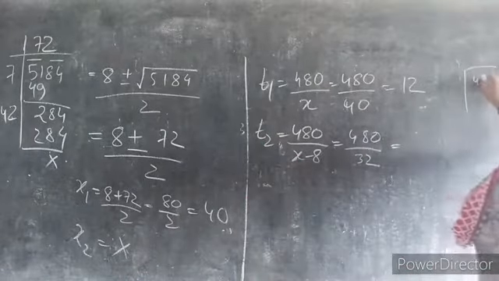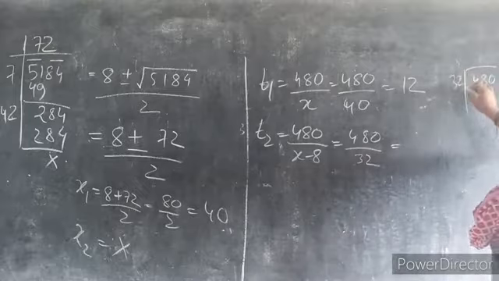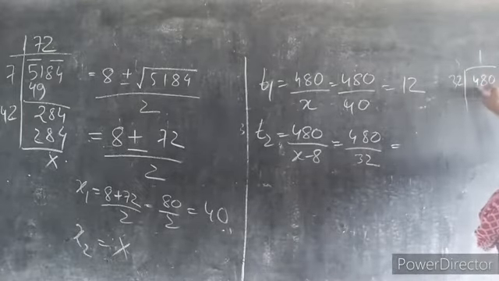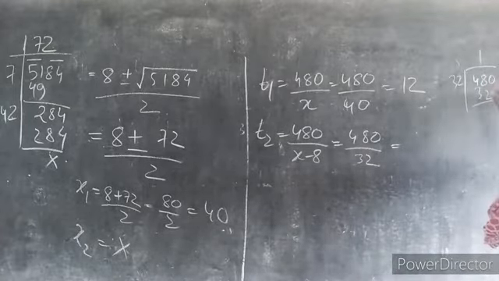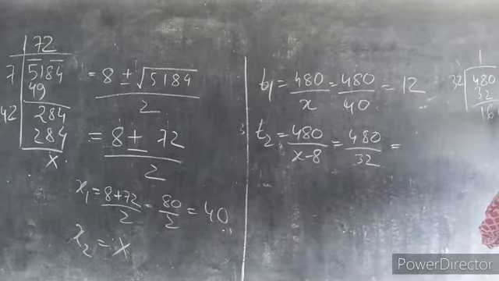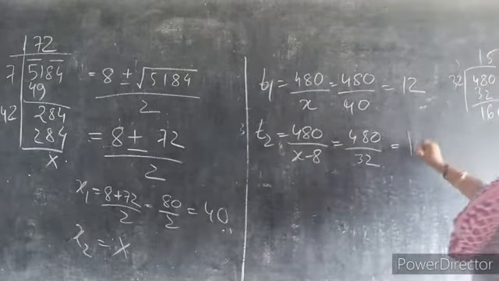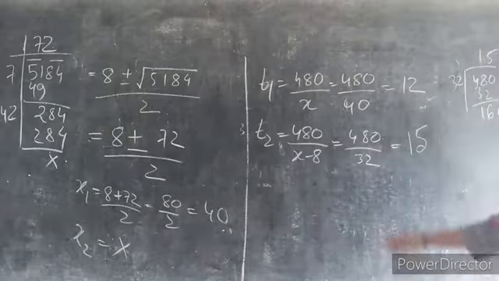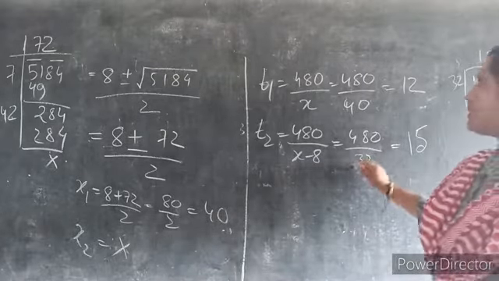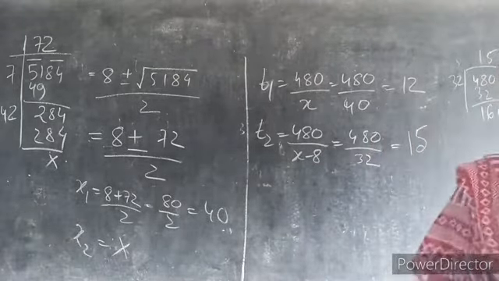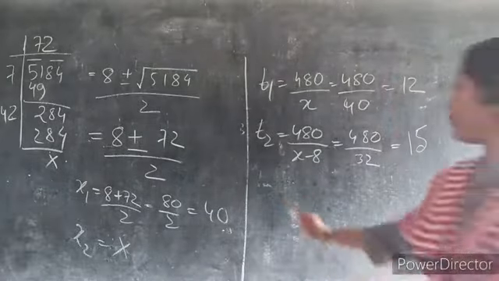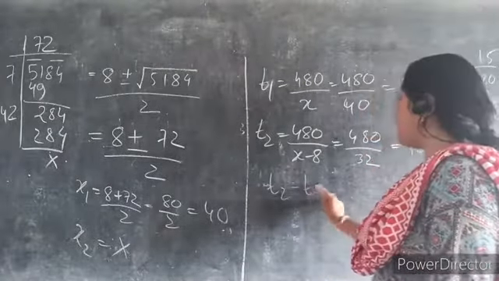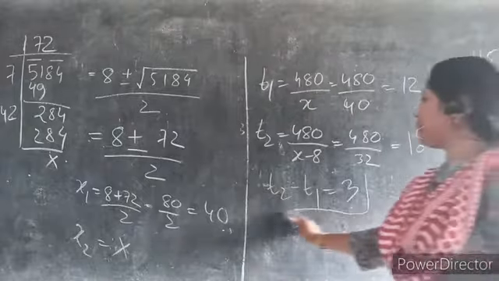If you divide, let us see what we are getting. Yes. So the time taken by the second case is 3 hours more, isn't it? So this is matching. The difference of T2 minus T1 is coming 3.